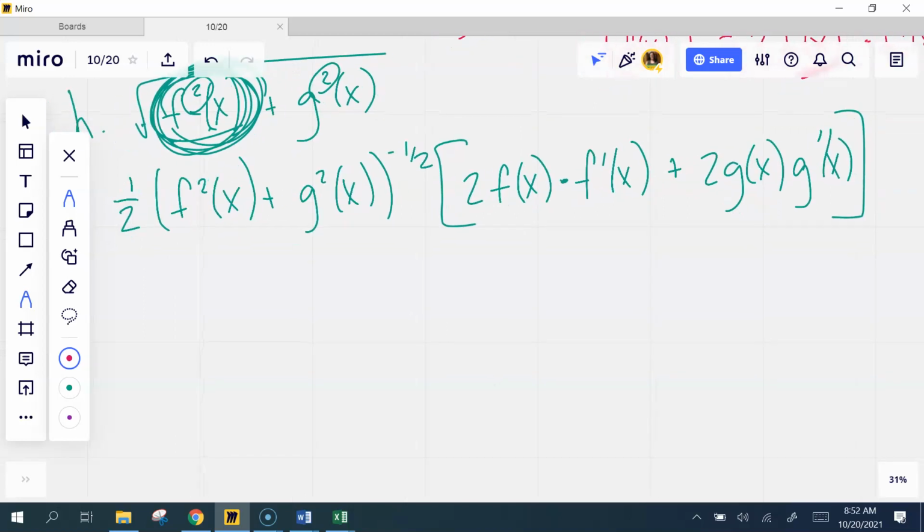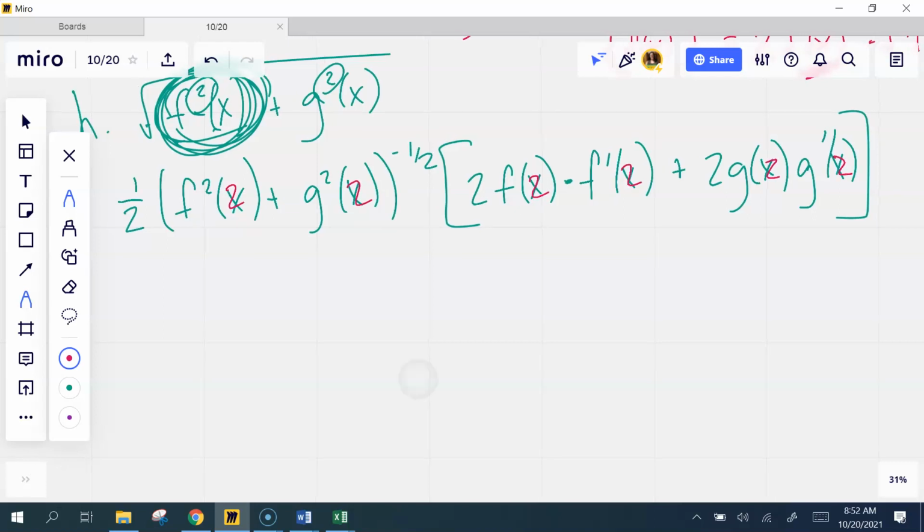And then this told me to find this all at 2. So I have 1/2. Somebody said, what's the answer? This is 8 squared plus g of 2 is 2 squared. No, you gotta do it.